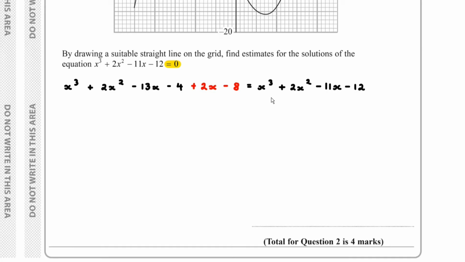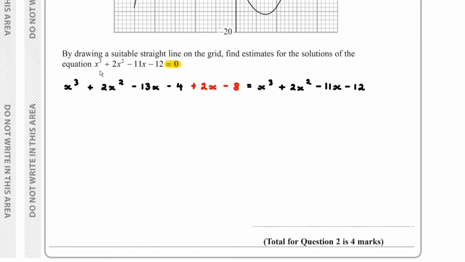Of course, x cubed remains on both sides, 2x squared remains on both sides, negative 13x plus 2x gives us negative 11x, and negative 4 subtract 8 gives us negative 12.